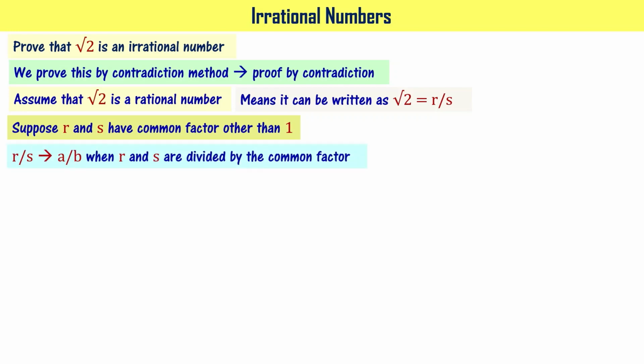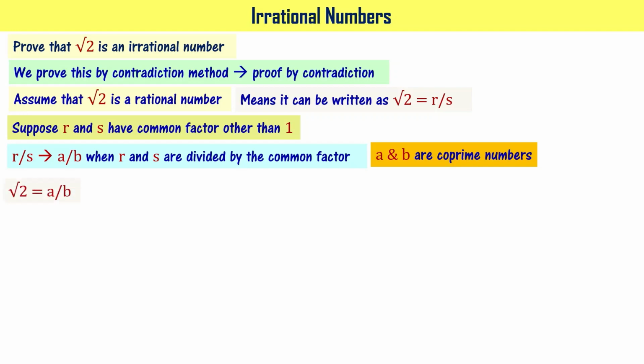Since there is no common factor between a and b apart from 1, I can say that a and b are co-prime numbers, right? Now, let me write root 2 equal to a by b.